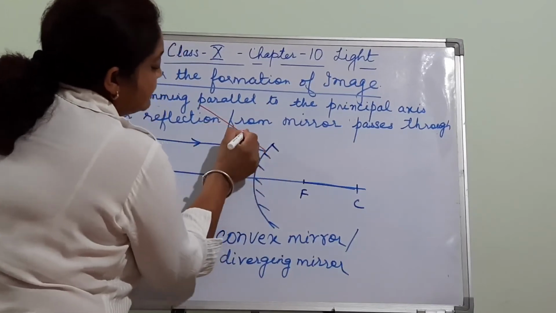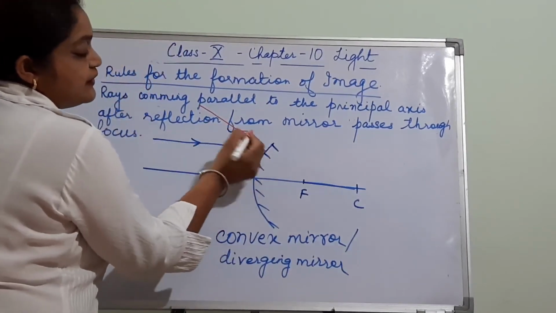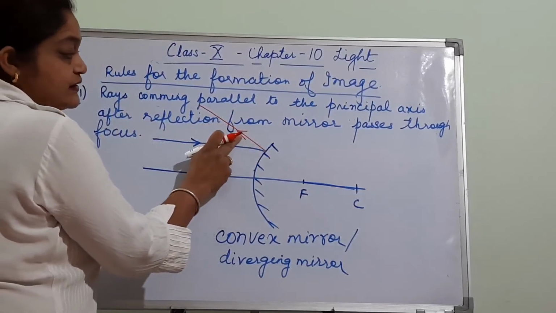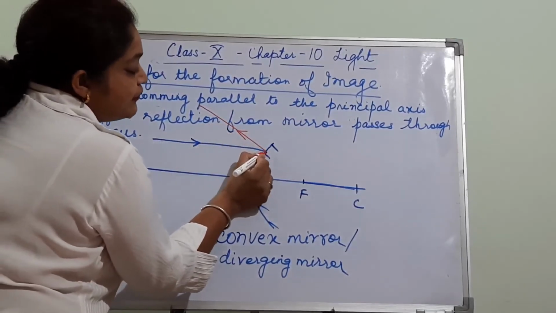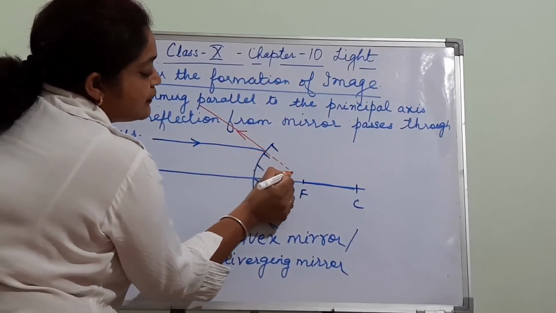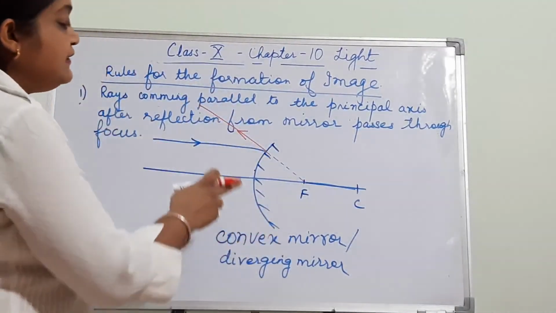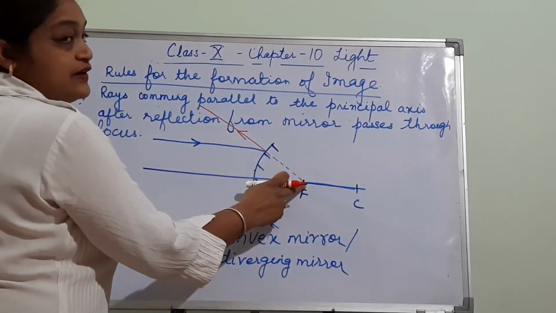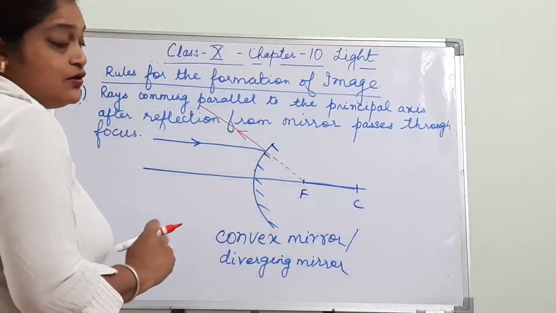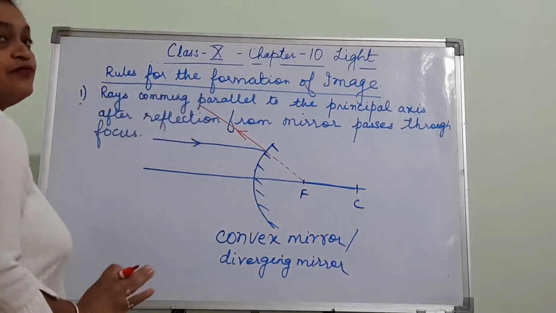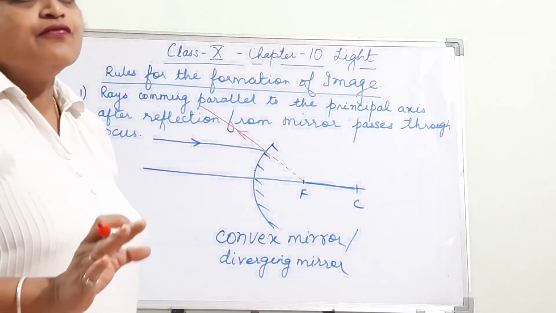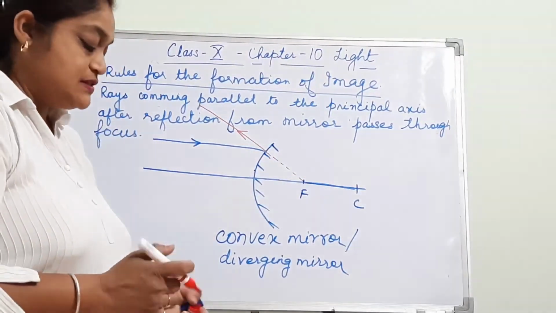It diverges. So this is the reflected ray. This one is the reflected ray. When you produce this ray, you can see that it appears as if it is coming from focus. So this is the first rule for the formation of image for the spherical mirrors.